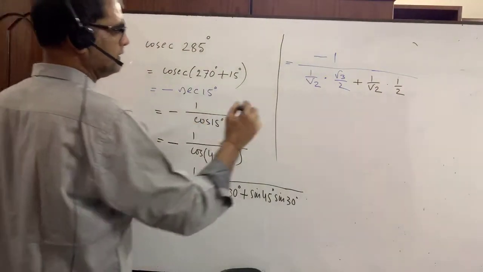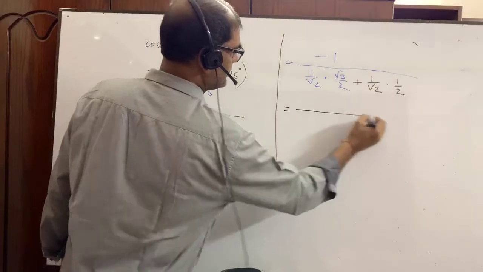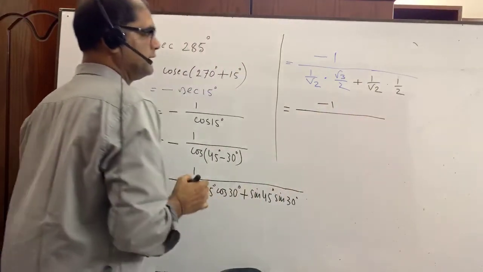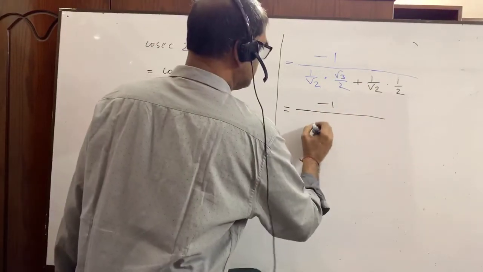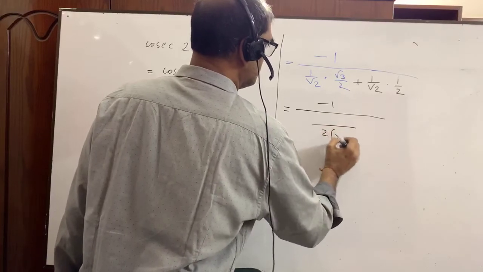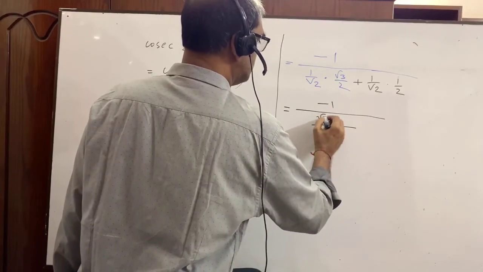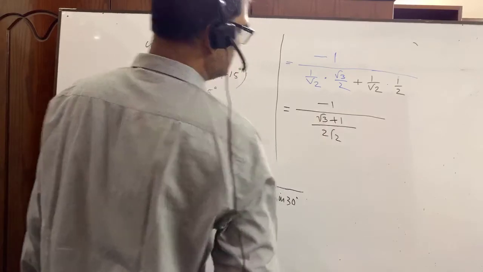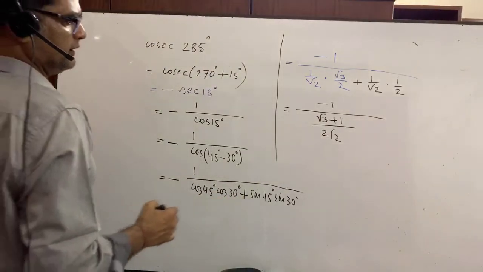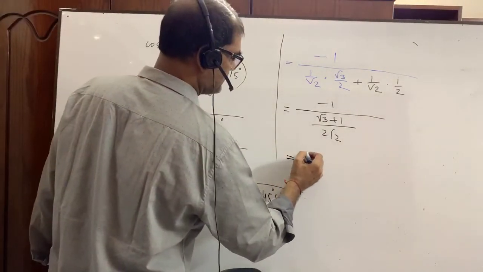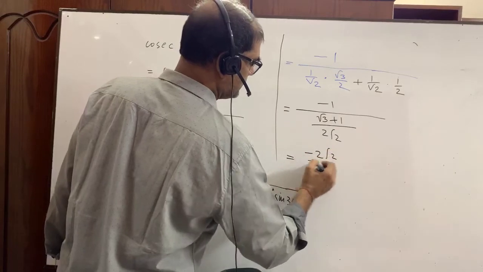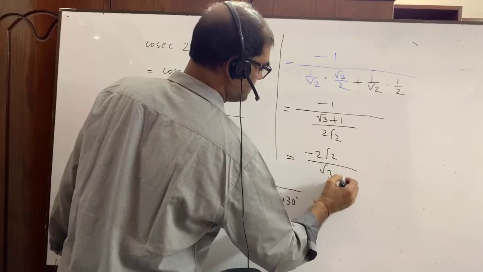Now we can calculate like this. With 2 root 2 as the LCM, we get root 3 plus 1. At last we can write minus 2 root 2 by root 3 plus 1.